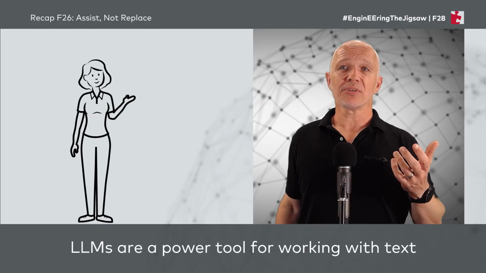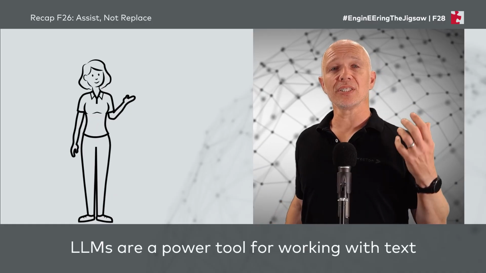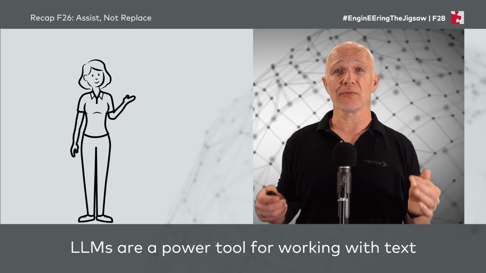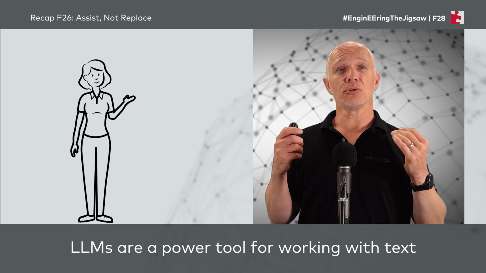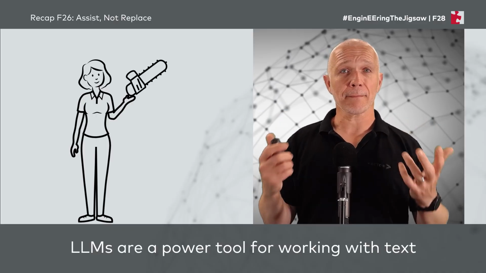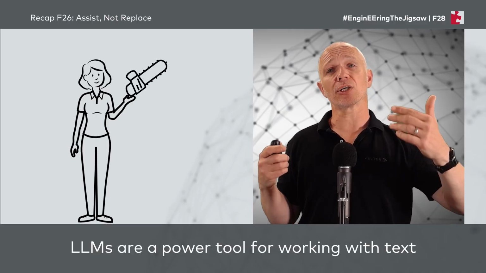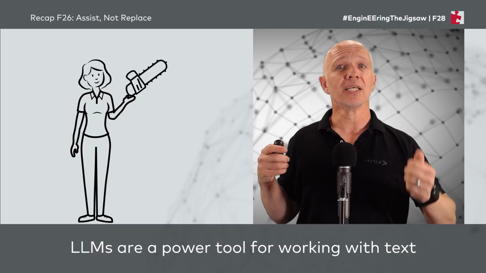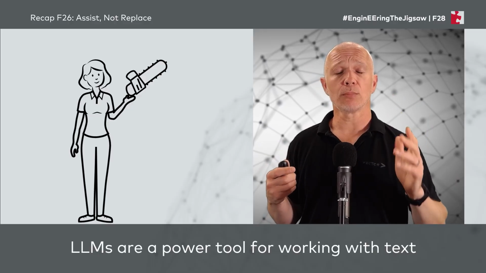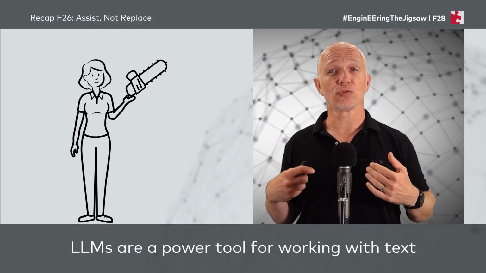So if we think about how in F26, we talked about how LLMs are a power tool for working with text, and we used the example of the chainsaw. Well, power tools amplify your capability, but they don't remove responsibility. Used well, they increase effectiveness. Used poorly, they increase risk.